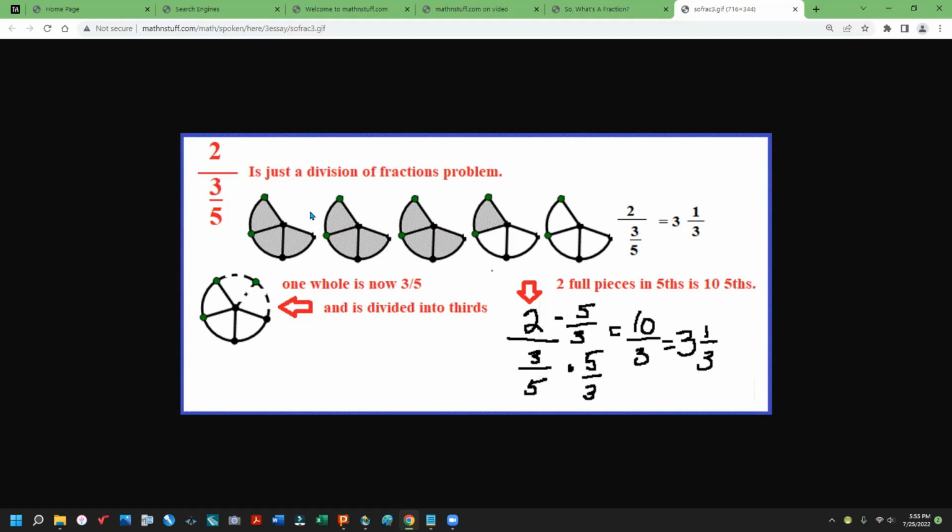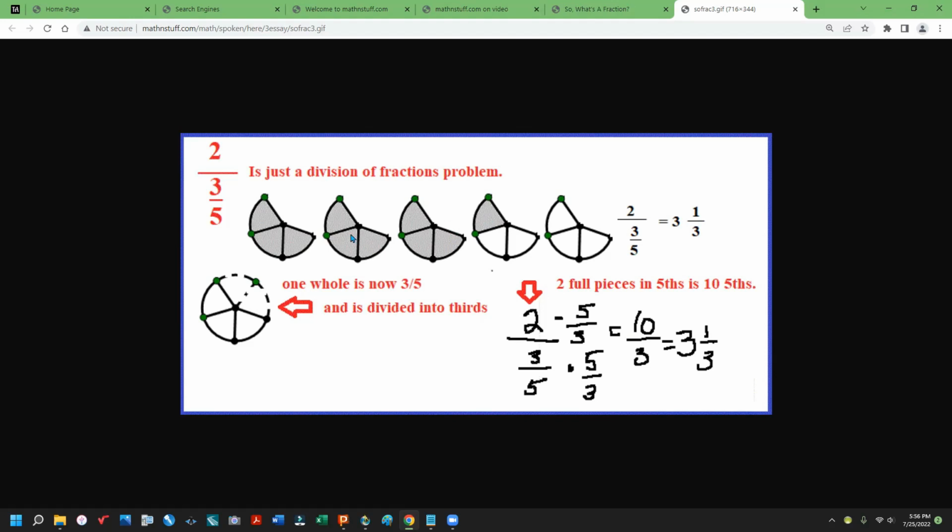10/5. So in our picture of the 3/5 as a whole, we have to shade 2 whole pieces. That's the same as 10/5. 1, 2, 3, 4, 5, 6, 7, 8, 9, 10. 10/5 are now shaded.